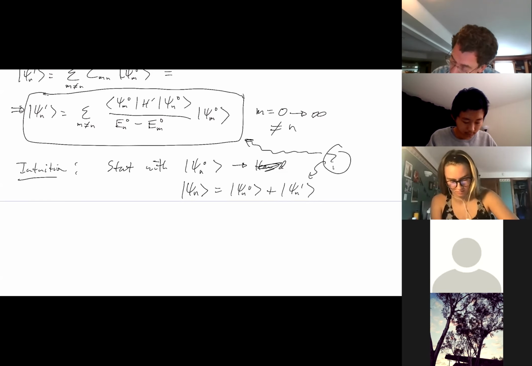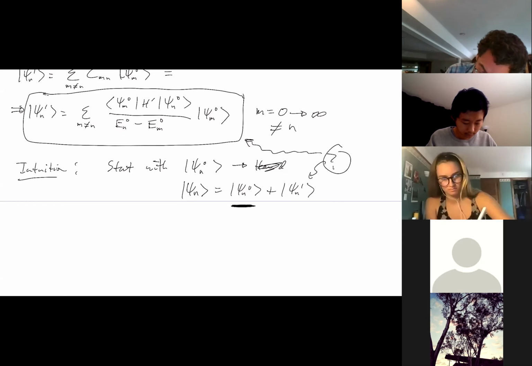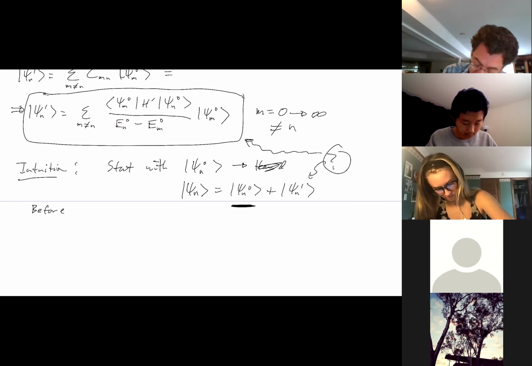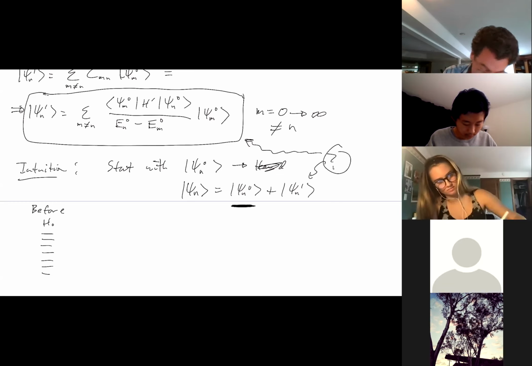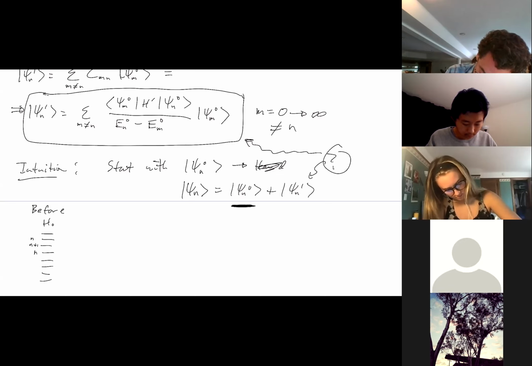Before the correction occurred, the eigenstate was an eigenstate of the old Hamiltonian, psi n naught. By before, I mean before turning on the perturbation, I had h naught and all my eigenstates. One of them is the nth state, and this is the n plus 1, n plus 2, n plus 3.